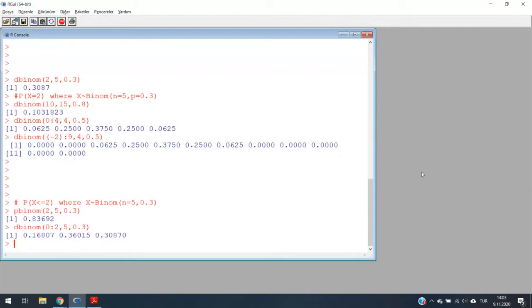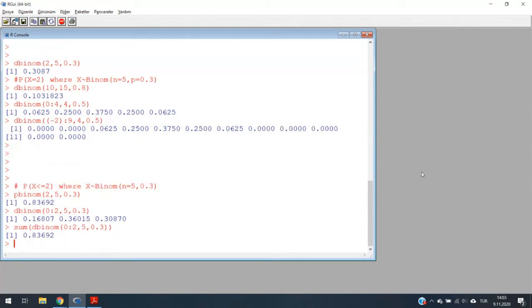If you sum these 3 values up, you would exactly get the cumulative probability for 2. So this cumulative probability includes the probability masses at 0, 1, and 2, because all of these 3 values are less than or equal to 2. In fact, you can calculate this cumulative probability by using the summation of the probability mass values from 0 to 2, again using the dbinom function, as we have learned above.